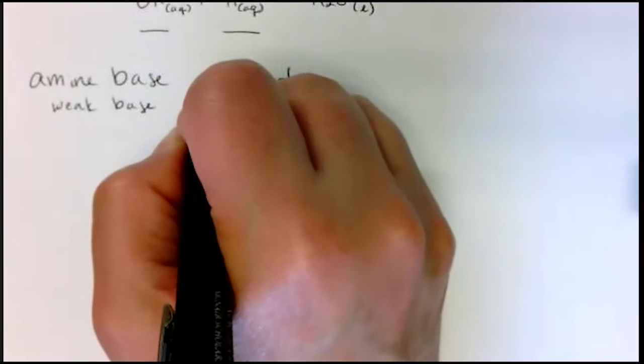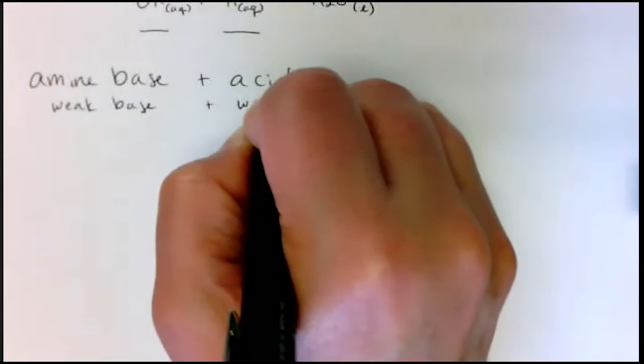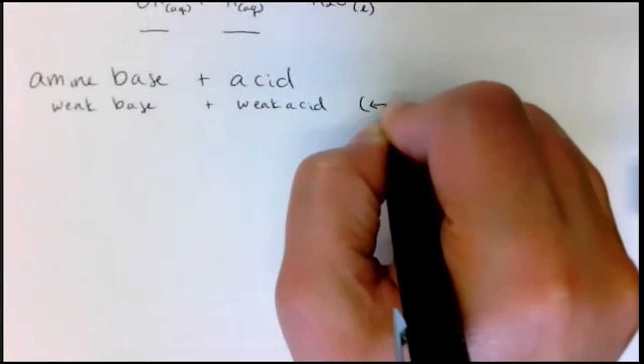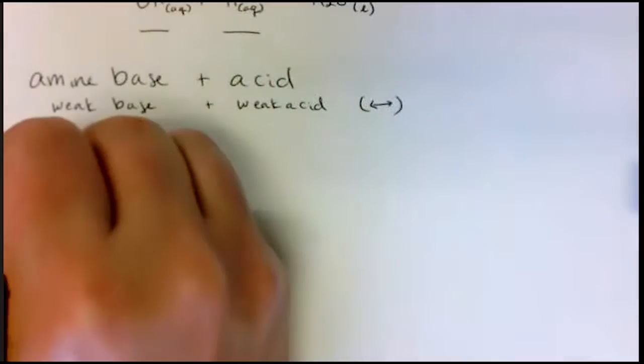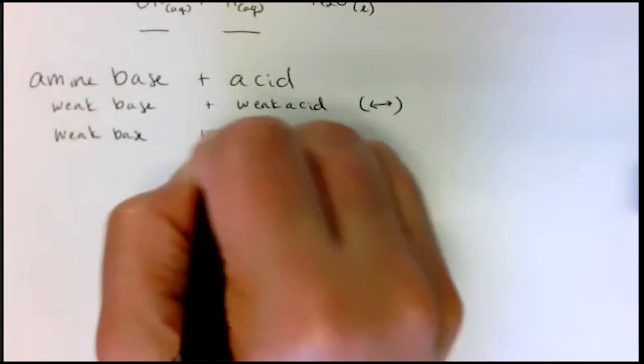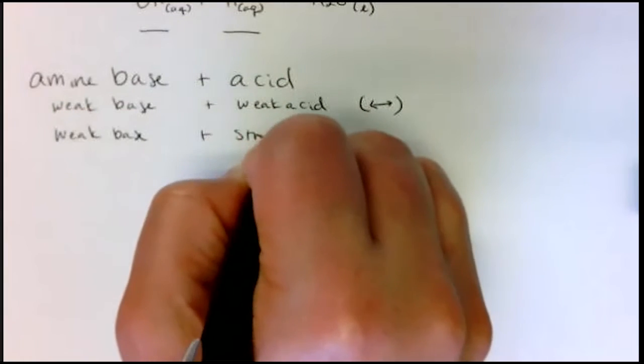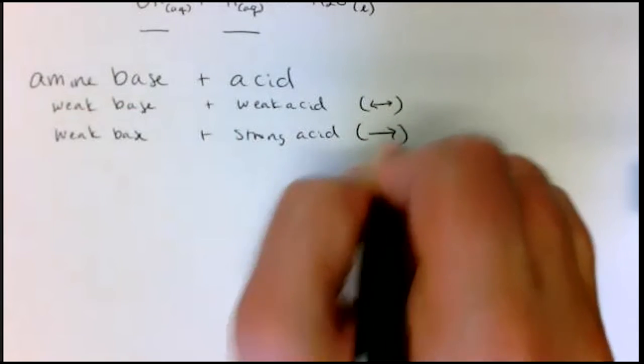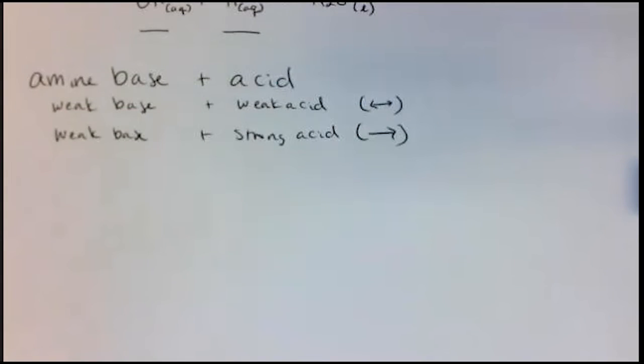So if we have a weak base plus a weak acid, that's going to be equilibrium. If we have a weak base plus a strong acid, that will be a one-way arrow. Okay.